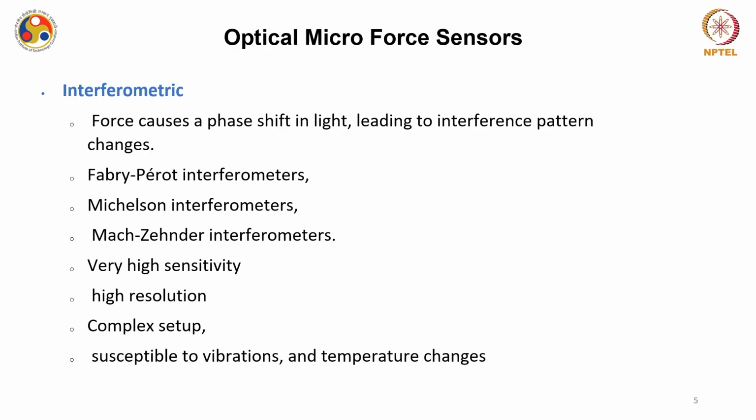We will also discuss them when we talk about the displacement sensors, because in the displacement sensors also we will talk about changes in the range of micrometers only. That is what we are seeing in the force sensors also. So, you have the Fabry-Perot (FP) interferometer, then you have Michelson interferometers, and the Mach-Zehnder interferometer is very popular for this kind of application.